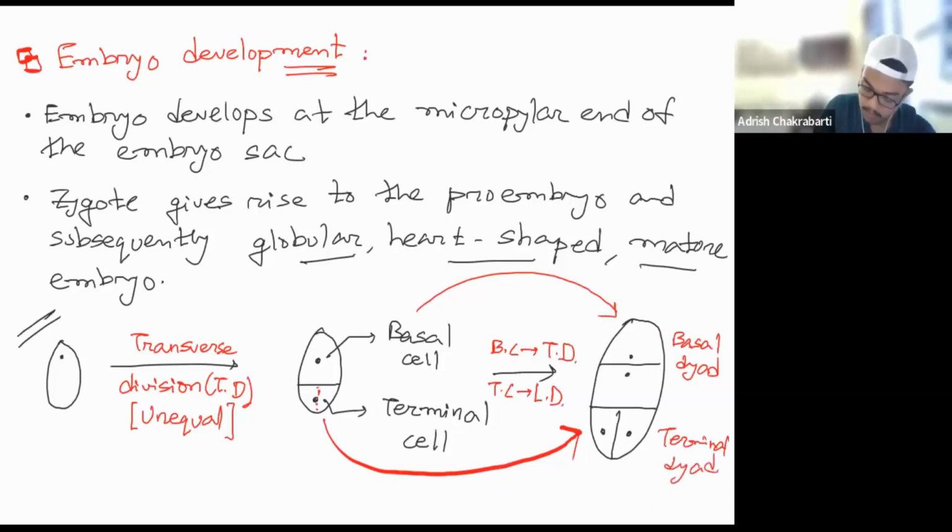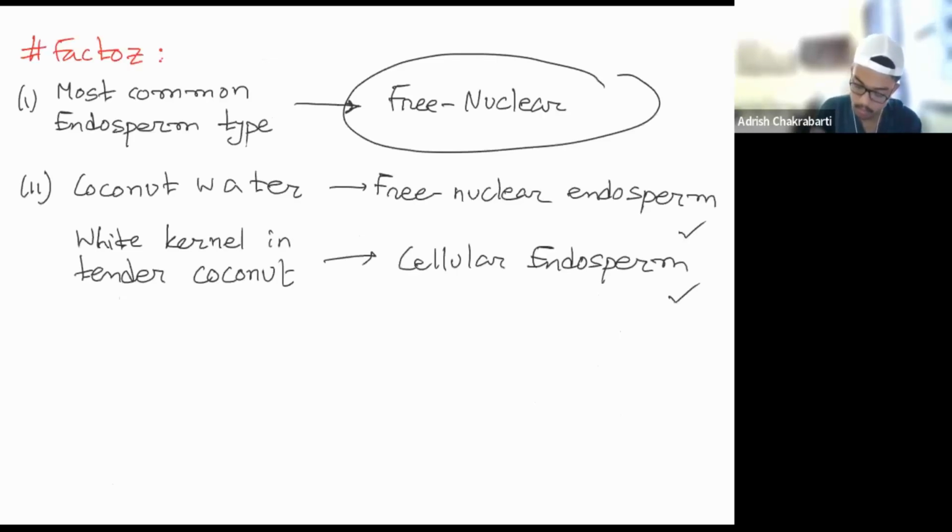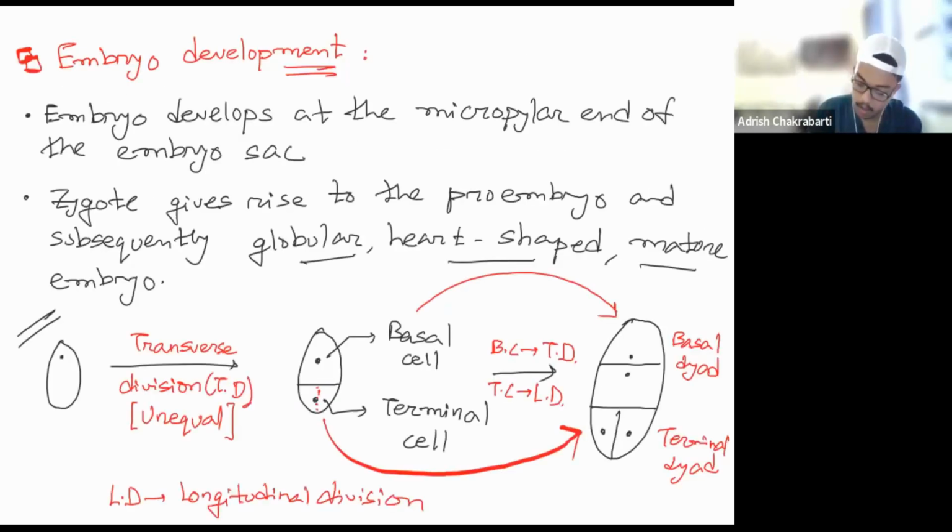Okay, so TD I have mentioned is transverse division, and LD is longitudinal. Okay, just do another exercise. See, just take count of this. So this is the first division. This is the second division.